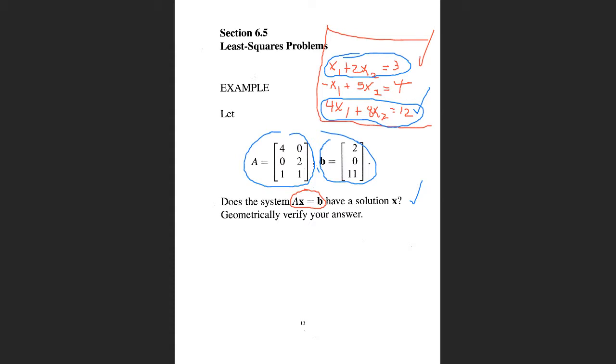Okay, so what I'm gonna do is enter the 3 equations in MATLAB and do row reduction and see what the result is.